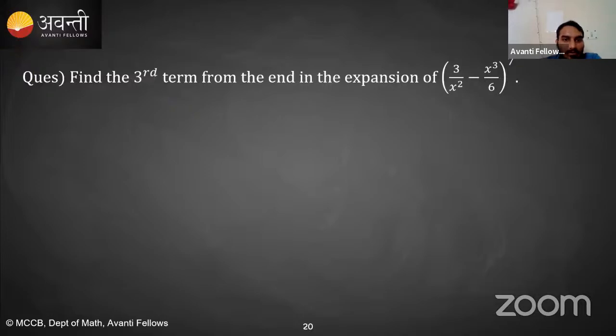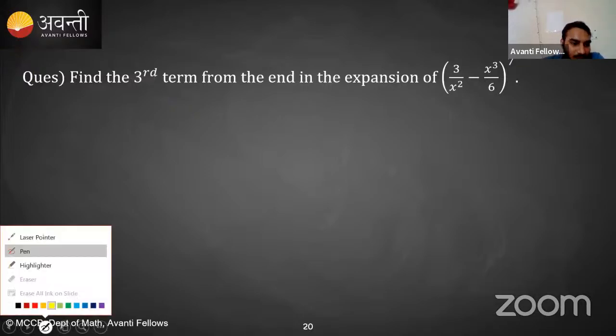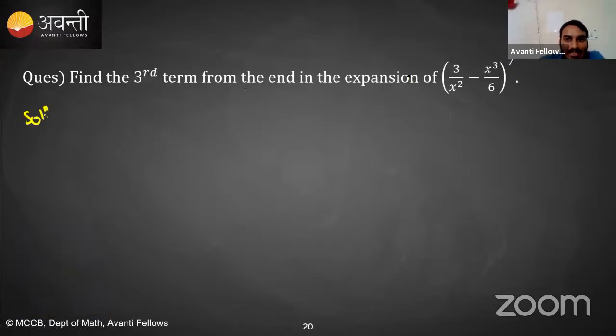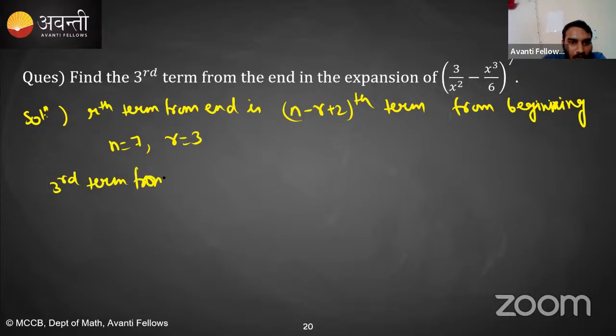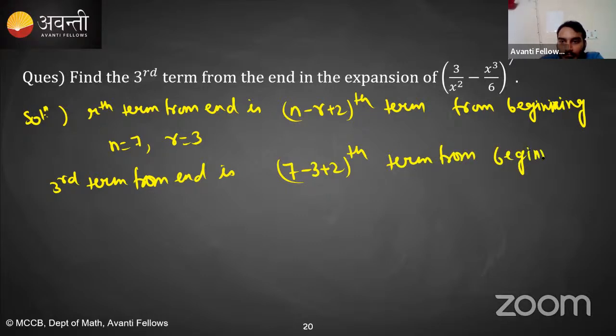The question is: find the third term from the end in the expansion of (3/x^2 - x^3/6)^7. We know again that the rth term from the end is the (n - r + 2)th term from the beginning. Here n = 7, r = 3. So the third term from the end is the (7 - 3 + 2)th term from the beginning.